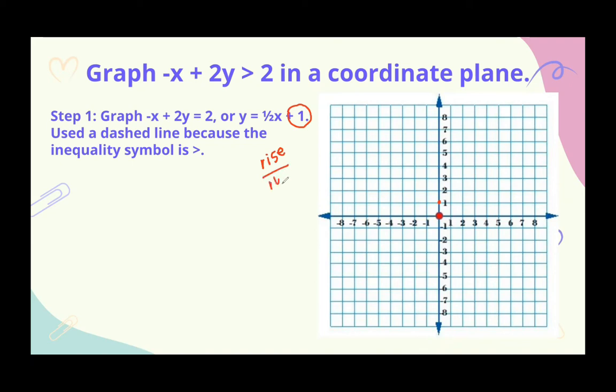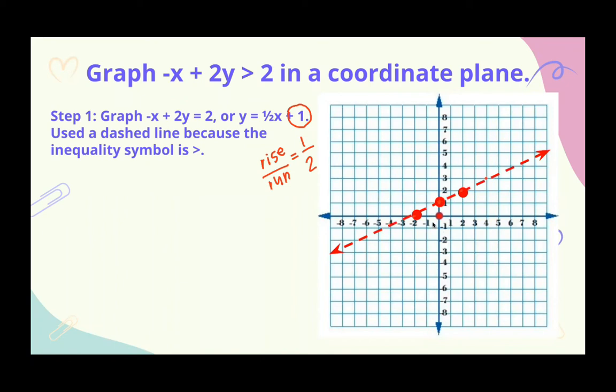Slope is rise over run, and since our slope is positive, we're going to rise 1 unit and run 2, rise another 1 unit and run 2. 2 points are really sufficient, but you can go ahead and plot more if you want it to be more precise. And you can draw your line through your points.